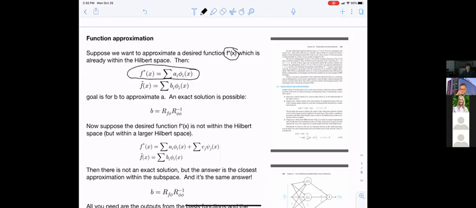And now suppose I want to approximate it using a function within the Hilbert space. Well, there's an exact solution, right? Obviously, if I can find bi equals ai, then f hat will in fact equal f star, right? So this has an exact solution, and you can solve it using any one of your standard linear methods, right?